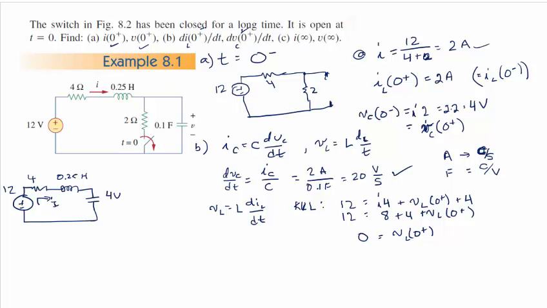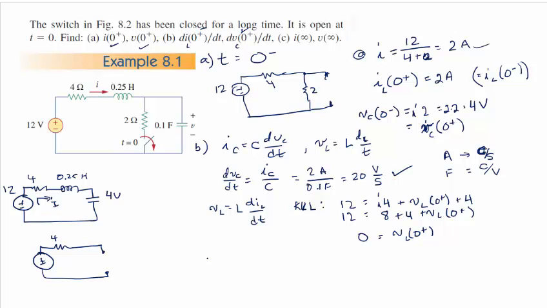So all that's left now to find is what's the current at infinity and what's the voltage at infinity. So you go back and look at the circuit. At infinity the inductor is a short. So you have the 4 here, the inductor is a short, and at infinity the capacitor is fully charged up to its 12 volts, and it's an open circuit.